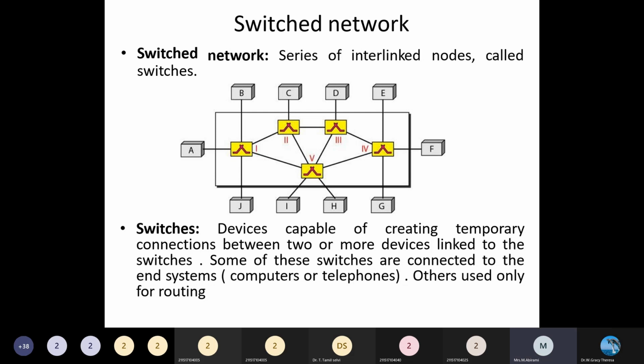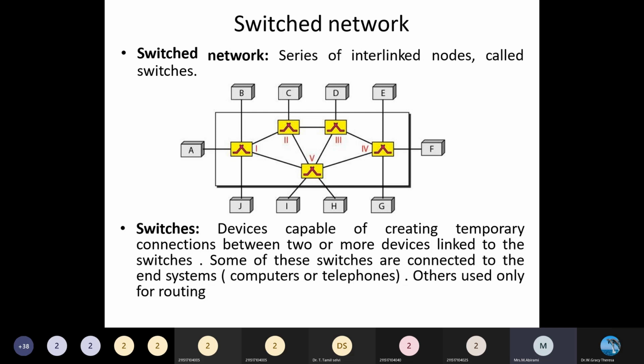Here, end-to-end path communication exists before the communication takes place. Wherever the path is, we need to find how to complete the end-to-end path communication.